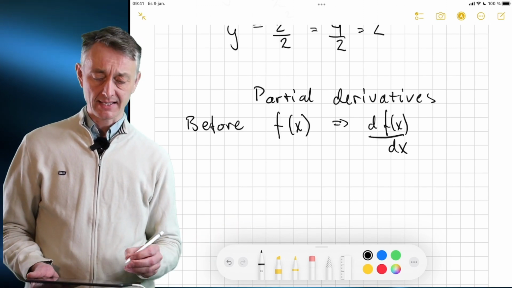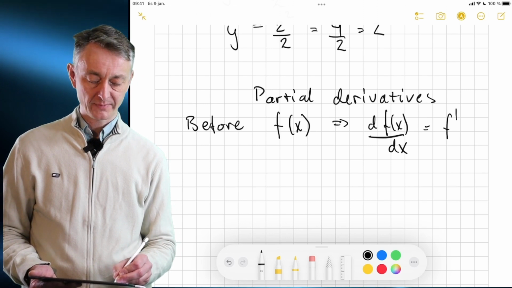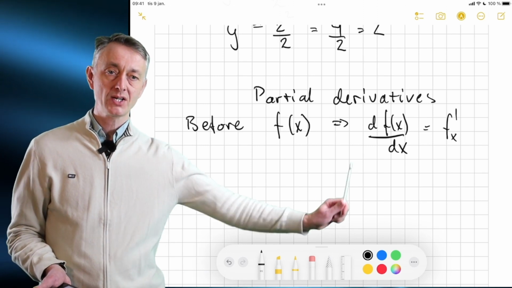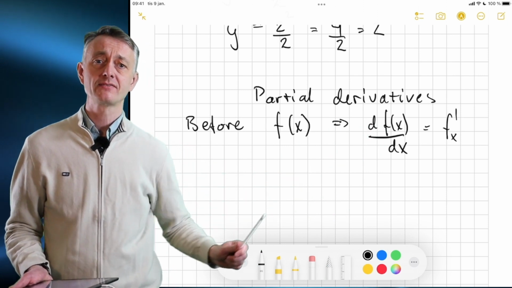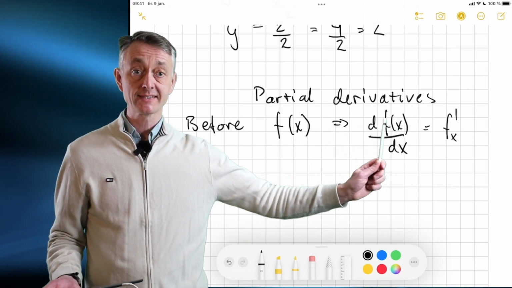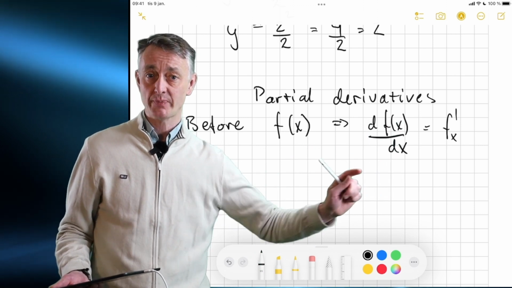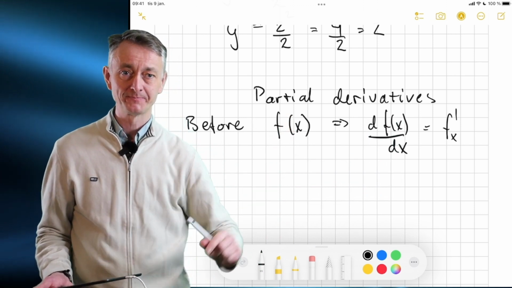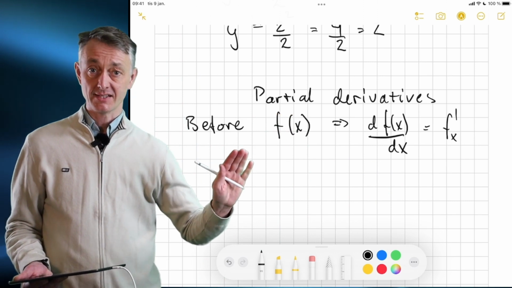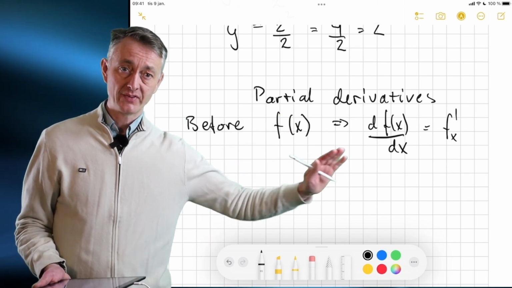Another way of writing that would be f prime of x. So how much does the value of the function f of x increase when we increase the use of x by one super small unit? Okay, that is a slope, and that is the derivative.